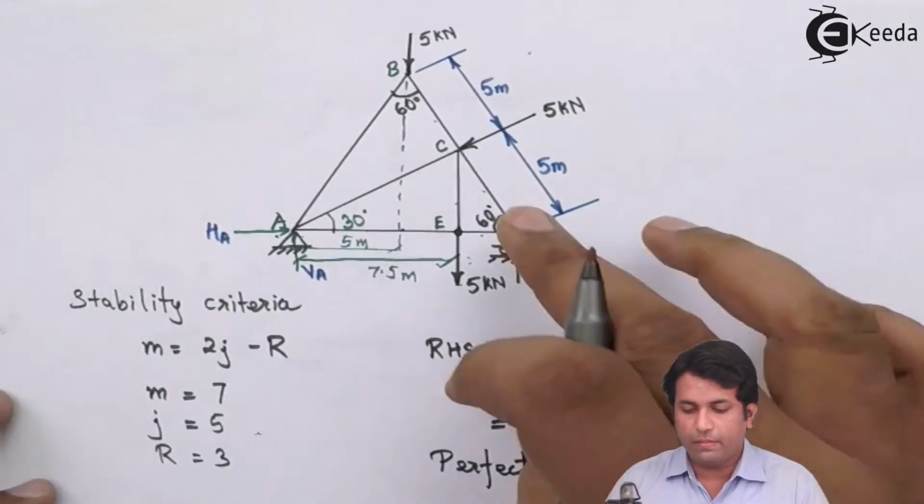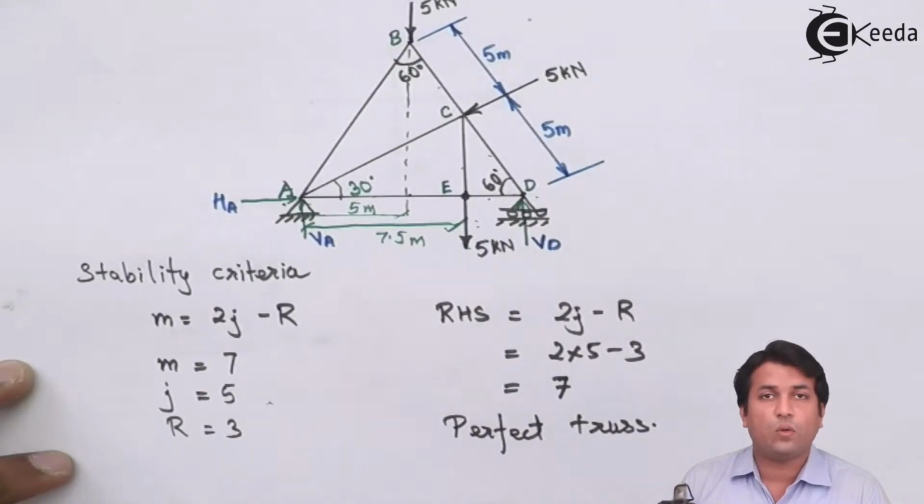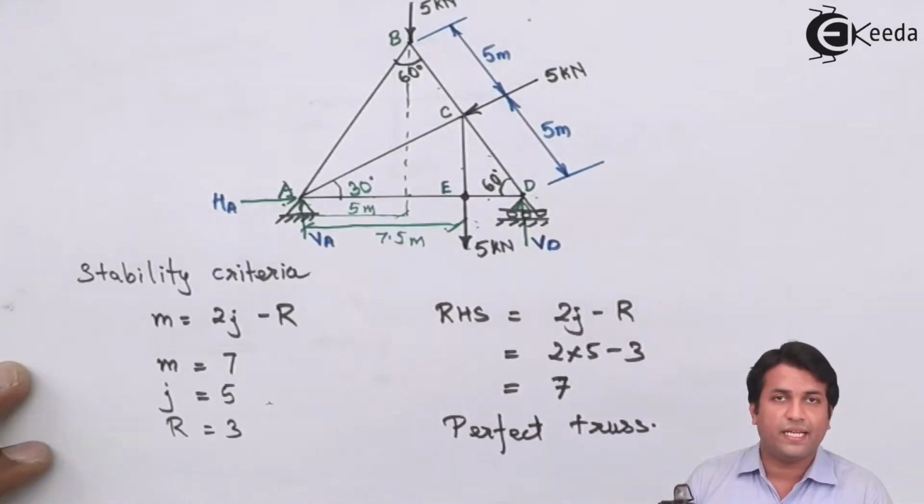Now, the force in member CD is the inclined force. So what I need to do for that? I need to find out the angle. And here in this case, the angle is clearly given to me as 60 degrees.